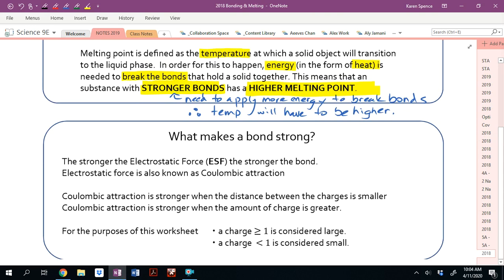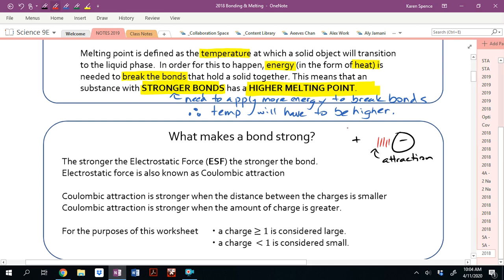Remember that positives and negatives are attracted to each other. Those are supposed to be arrows. Maybe I'll just get rid of that and put in some.